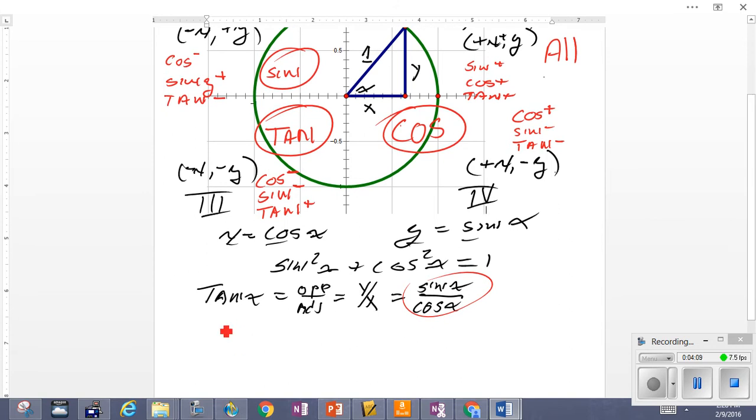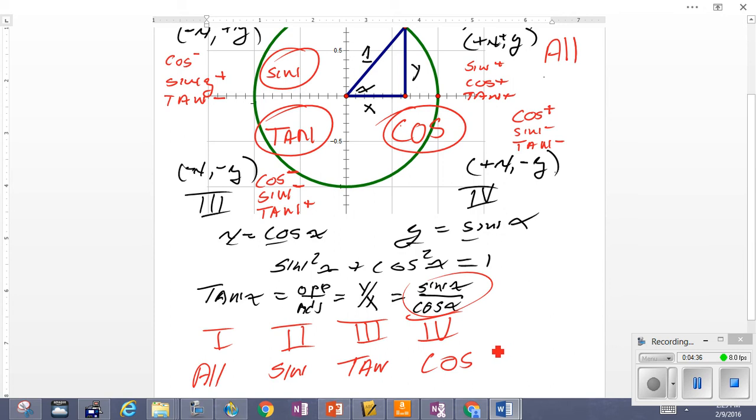So as we move around from quadrants 1 to 2 to 3 to 4, we remember in quadrant 1, all are positive, all sine, cosine, and tangent. In quadrant 2, it's the sine that is positive. In quadrant 3, it's the tangent that is positive. And in quadrant 4, the positive value is the cosine.